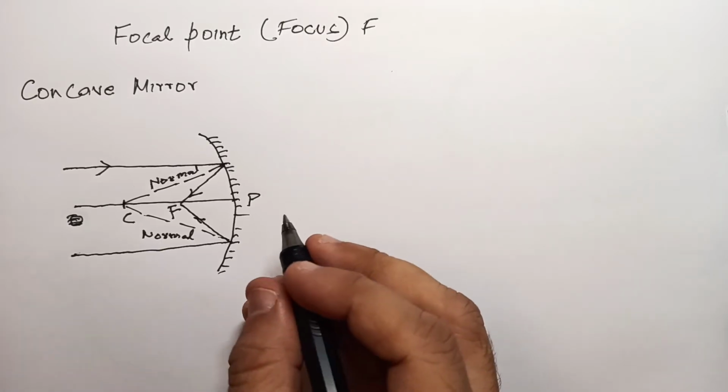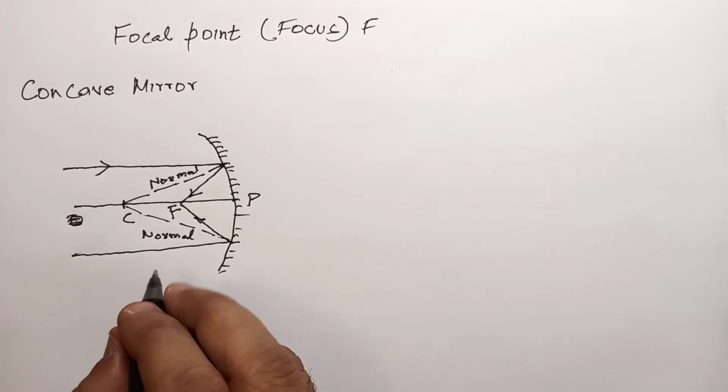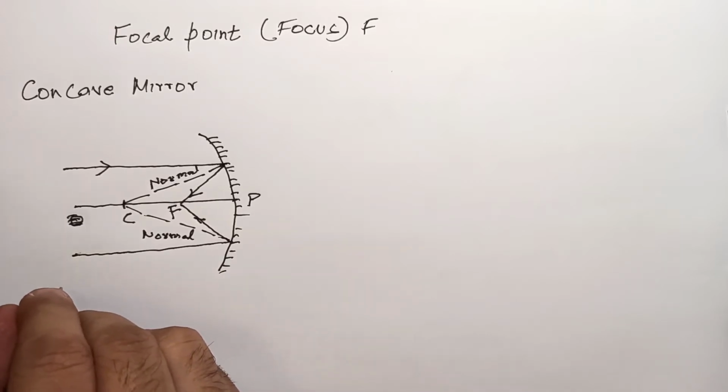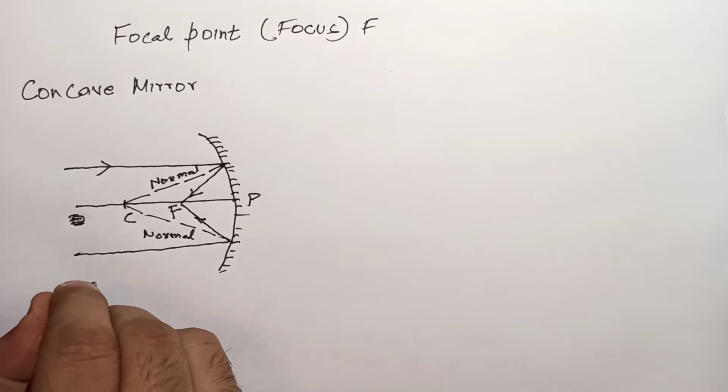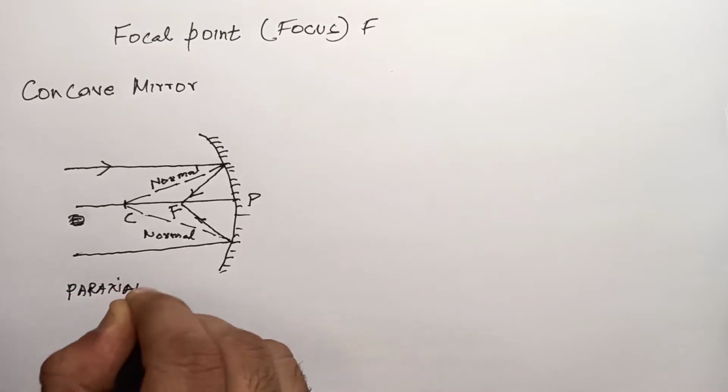Now whatever I just explained, if I have to write it, I can say: paraxial rays of light coming parallel to the principal axis of a concave mirror. I will tell you the meaning.